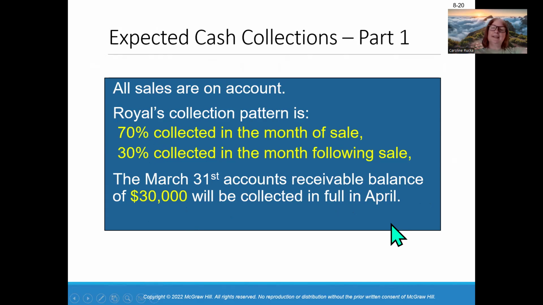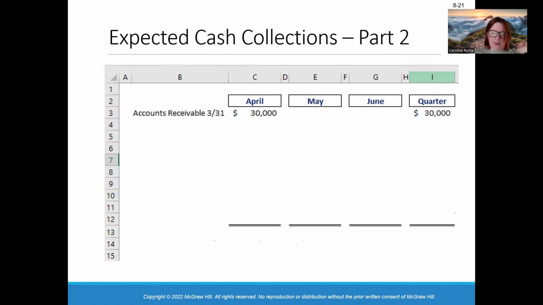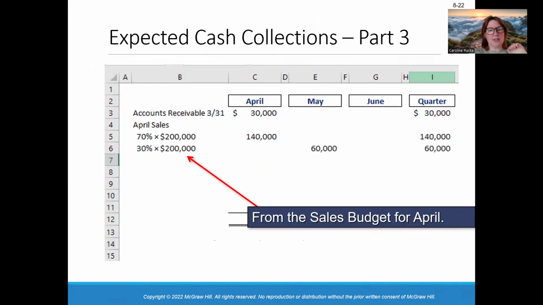So in the last quarter, we had some collections outstanding, so we are going to collect those in this quarter. Accounts receivable left over in April is 30,000. April sales, we sold $200,000 worth of stuff in April.